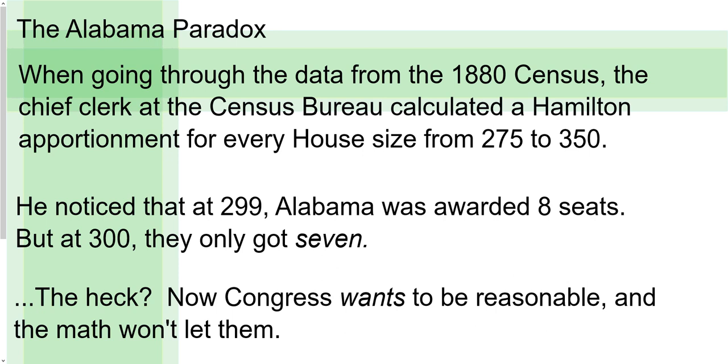He makes a note of it, and then according to current law, by I want to say January 25th of the 1 year, possibly the 2 year, they have to notify the states of how many representatives they get.